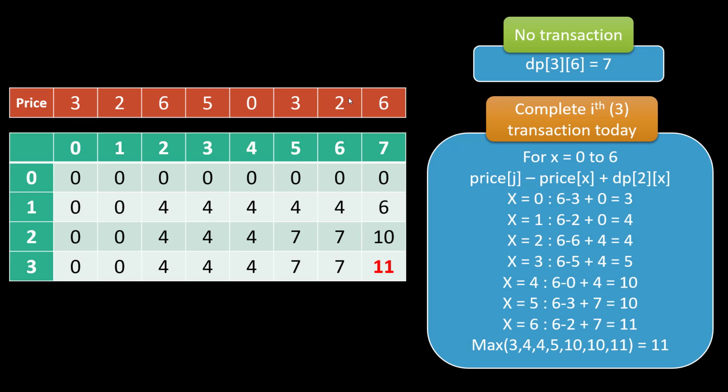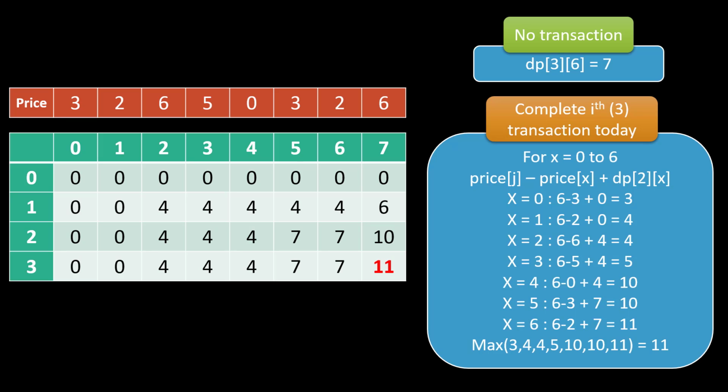Now let's come to the last one, which is day 6. If I buy at 2, sell at 6, current profit is 4 and the profit from the previous 2 transactions is 7. So 4 plus 7 gives 11, and that's what we are going to fill over here because that is the maximum that we can achieve.